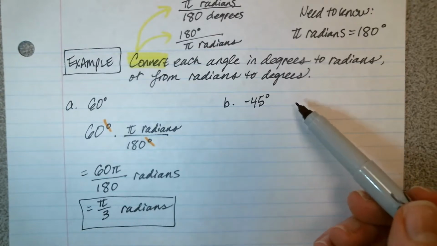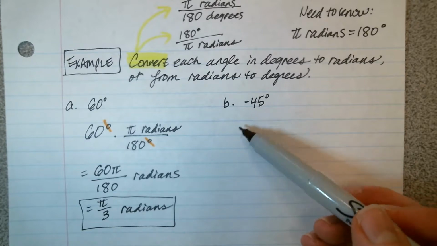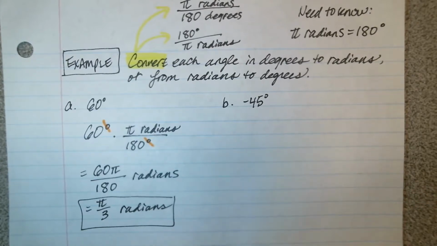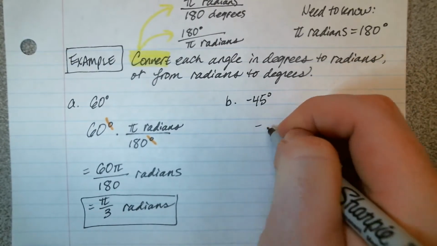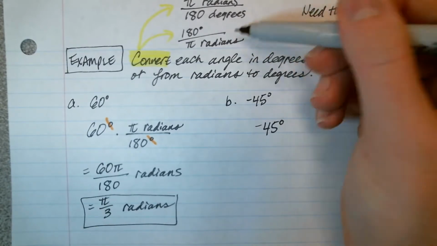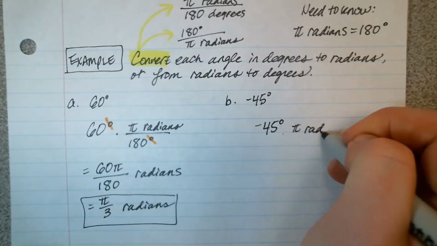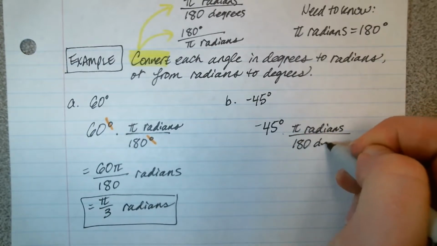And you just do the same thing here. It doesn't matter if your angle is positive, negative, really large, really small. The unit conversion still works the same way. So again, I want to convert from degrees to radians, so I want to choose the ratio where degrees will cancel. So I'll use the same one as before. Pi radians over 180 degrees.